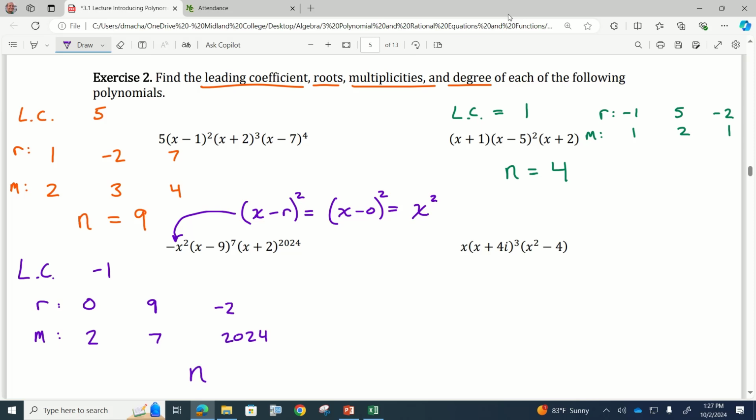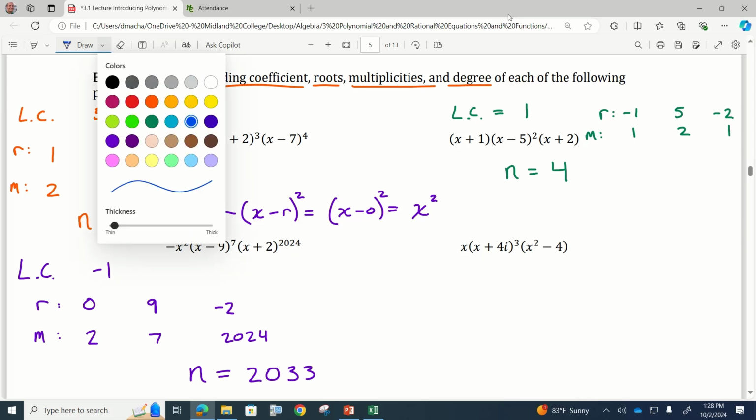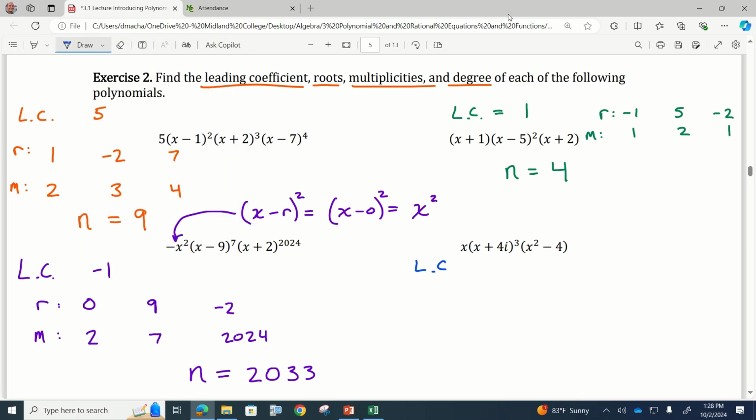And then the degree of this polynomial is 2033. Just add up the multiplicities. Okay, over here on the right side, the leading coefficient is 1. The roots occur where?